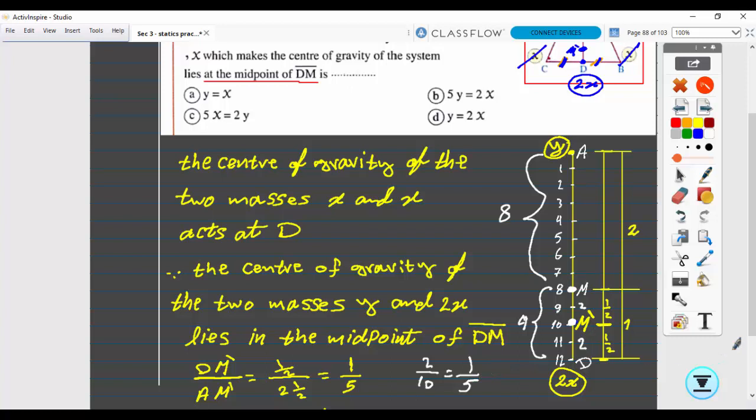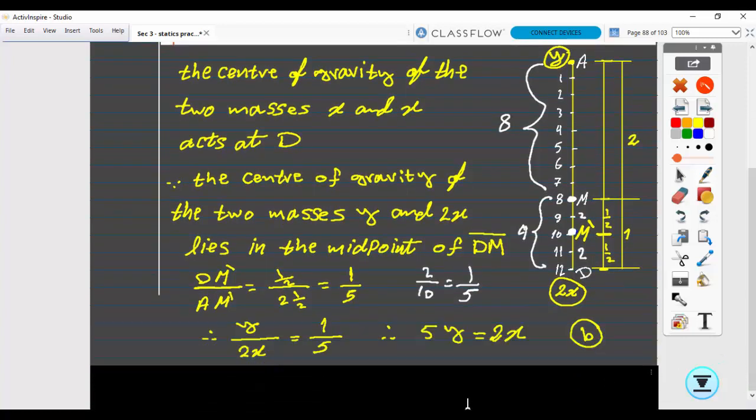Why do I calculate this ratio? Because the ratio between y and 2x is the same as the ratio between DM dash and M dash A. So y over 2x equals DM dash over M dash A equals 2 over 10 equals 1 over 5.